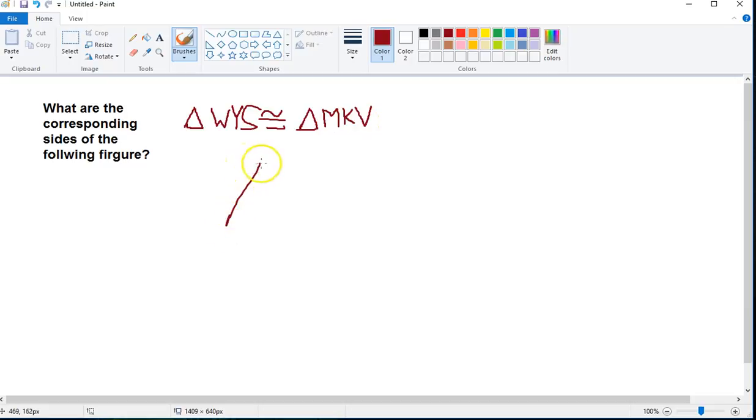Okay, so what we're going to do is have W over here, Y over here, and S over here. And then we're going to have this triangle over here, M, K, and V. Alright, so angles are usually going to be very easy.